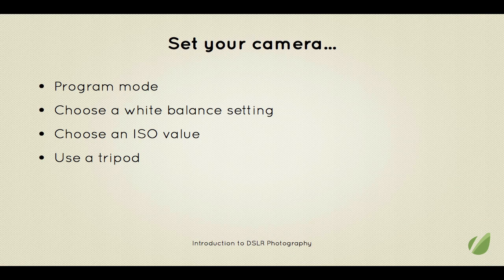A general rule of thumb: well-lit areas require a lower ISO, like 100 to 200. Very poorly lit situations require higher ISO values, like 800 and above. All others fall in the 200 to 800 range. Use a tripod. On the first few shots, I want you to play around with the exposure compensation.